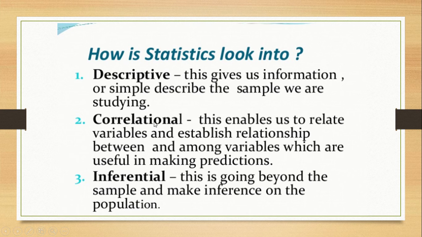Then the correlational enables us to relate variables and establish relationships between and among variables, which are useful in making predictions. We have some mathematical calculations that we're going to explore after this introductory part.